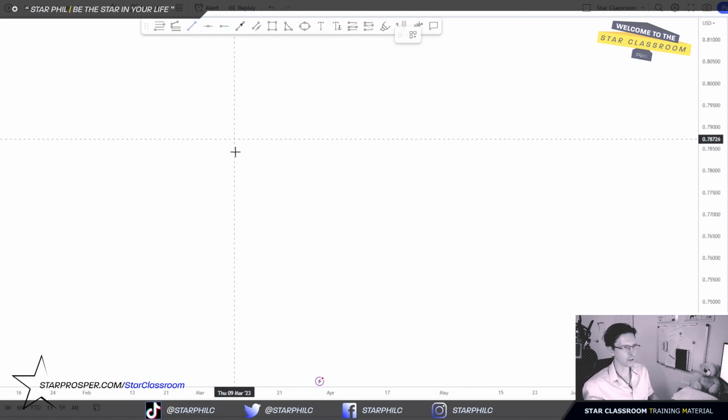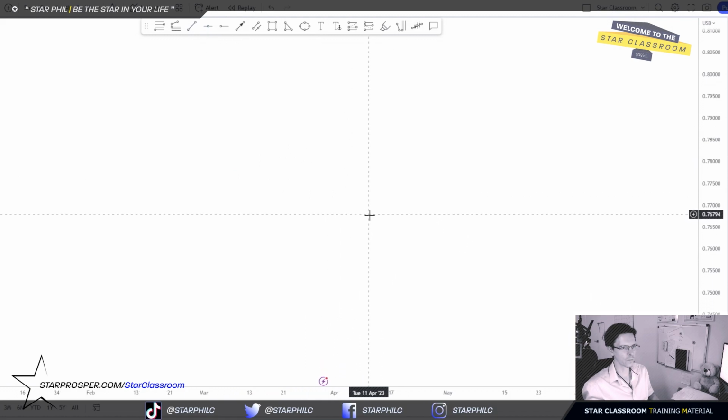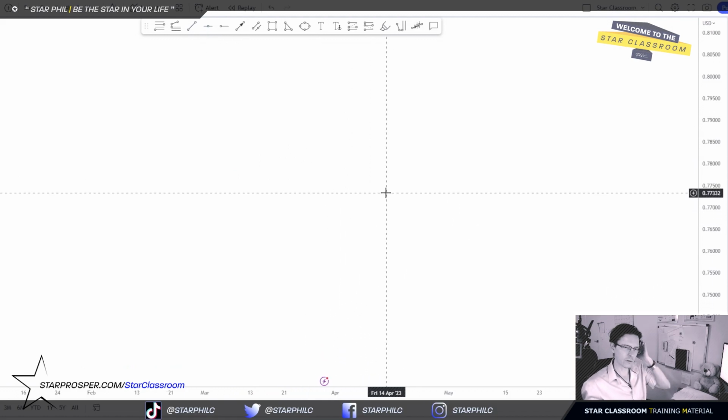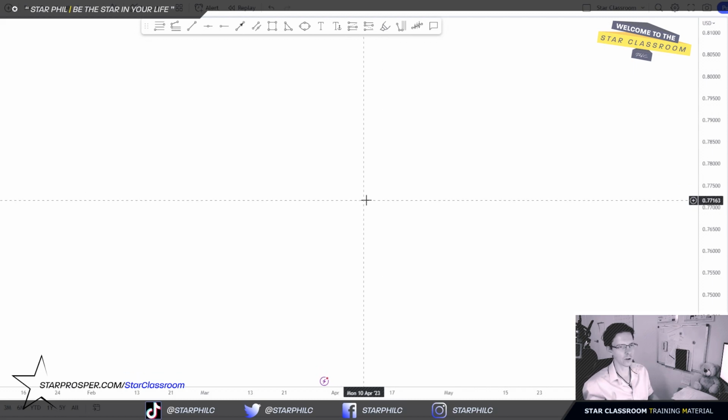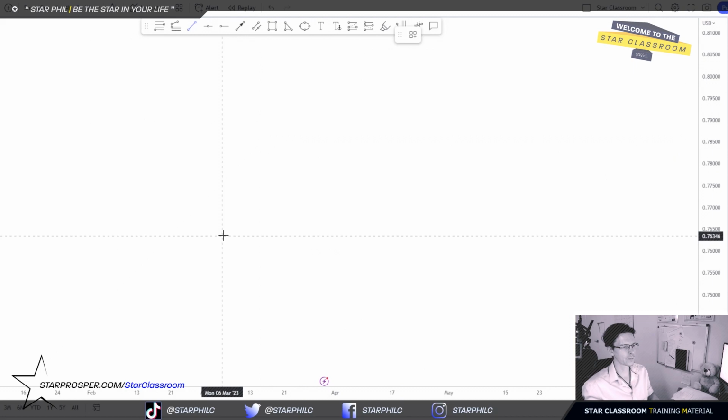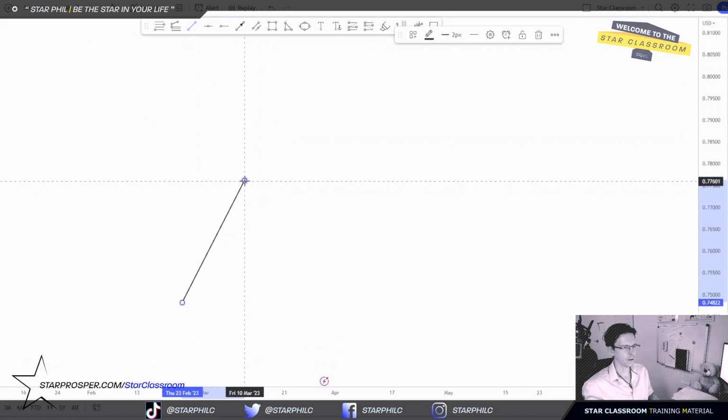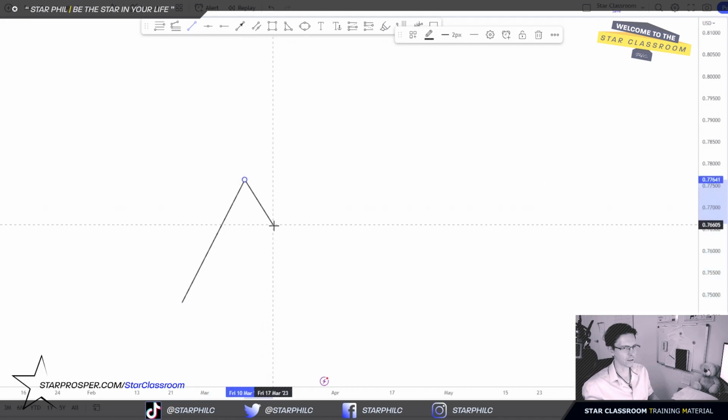Now, in my drawing tool, it's a series of new structure highs followed by pullbacks. Sounds easy enough. What does that look like? Well, we have an initial move up. Then the market gives us a pullback or a retracement.